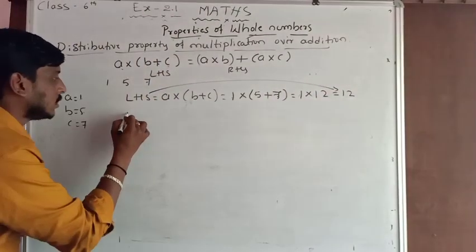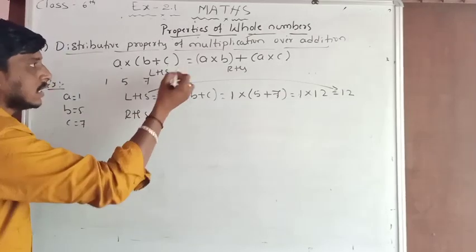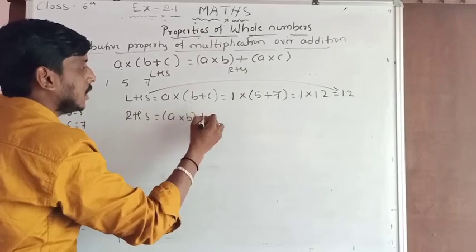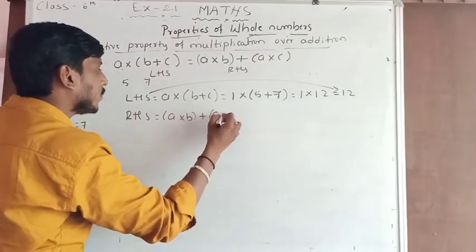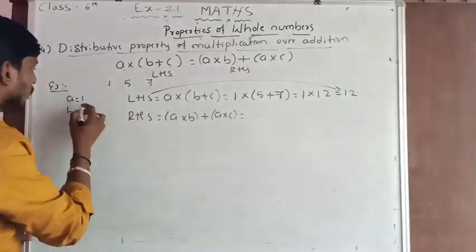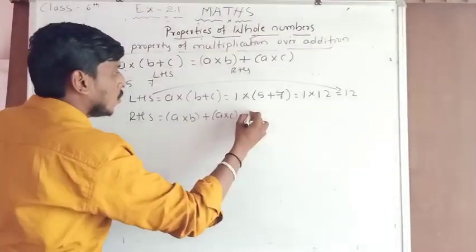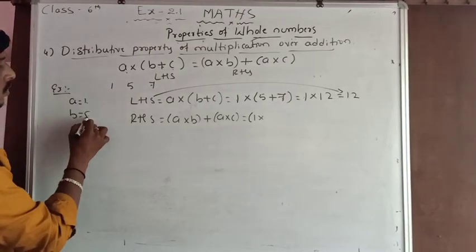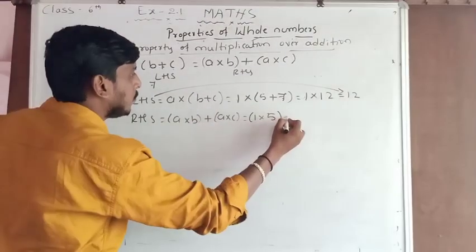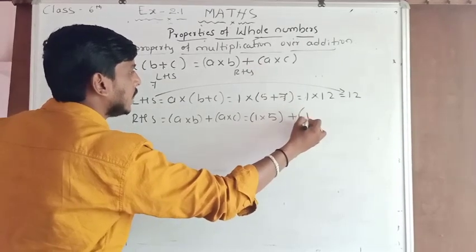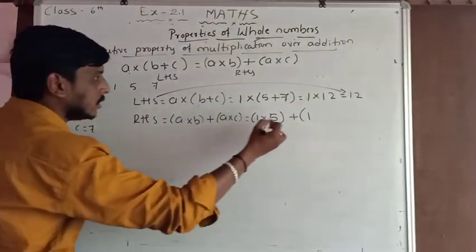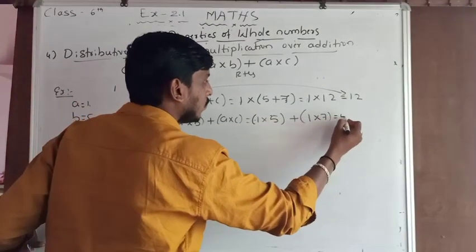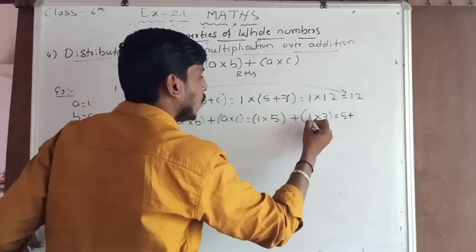Now start RHS. What is the RHS value? A × B plus A × C. A value is 1, 1 × B value 5, plus, next again A value 1, C value is 7, 1 × 7. 1 × 5 is 5, plus 1 × 7 is 7.